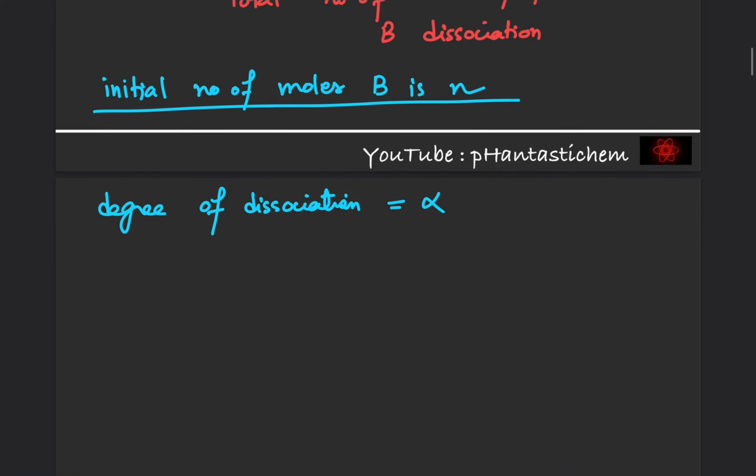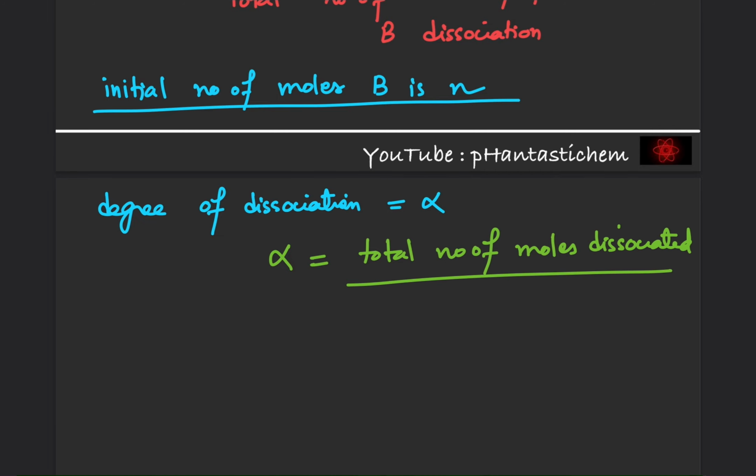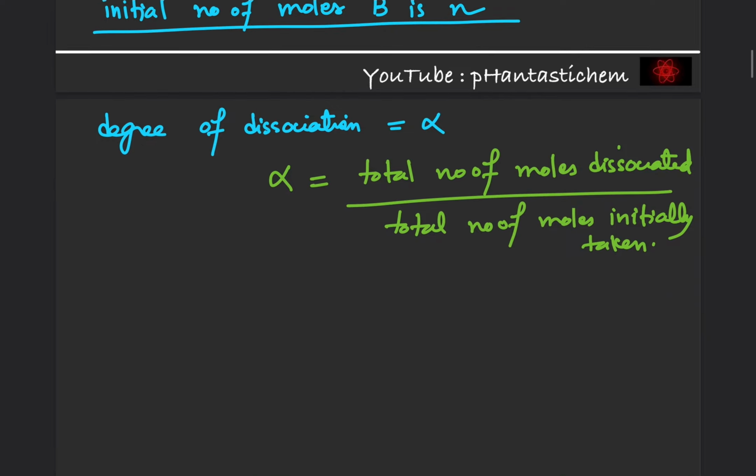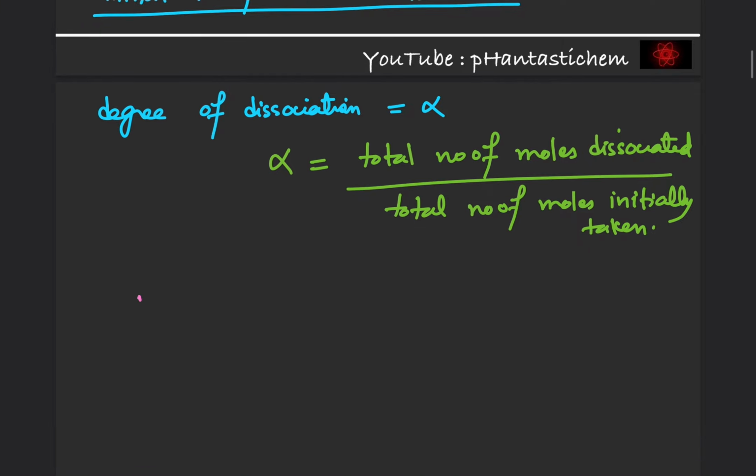And we know from equilibrium that the degree of dissociation alpha is the total number of moles dissociated divided by the total number of moles initially taken. Okay, and our aim in the question is to calculate the mole percent of B that has dissociated.